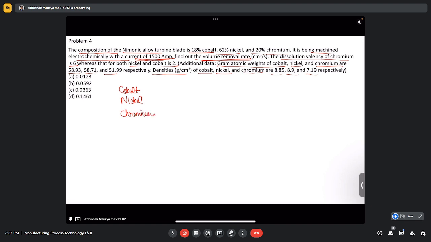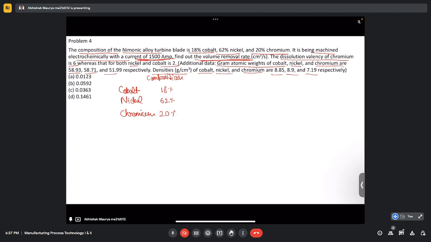First of all, their composition is given. So that is 18% of cobalt, 62% of nickel, and 20% of chromium.